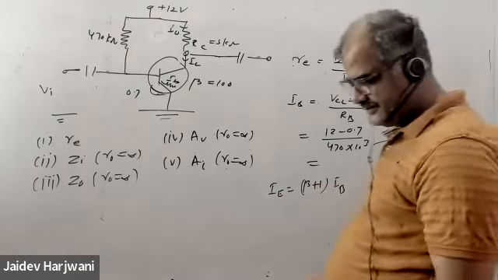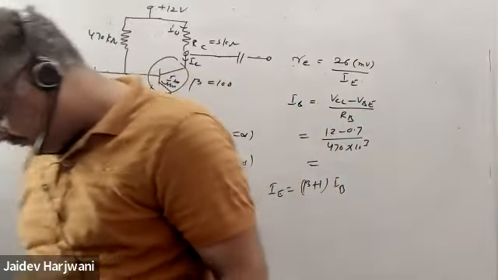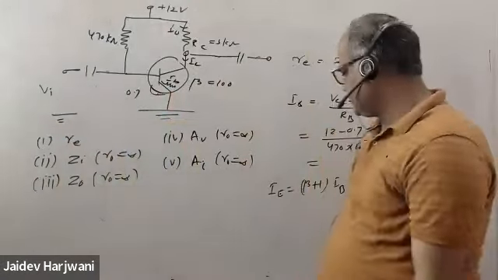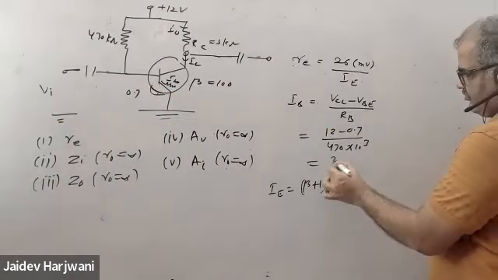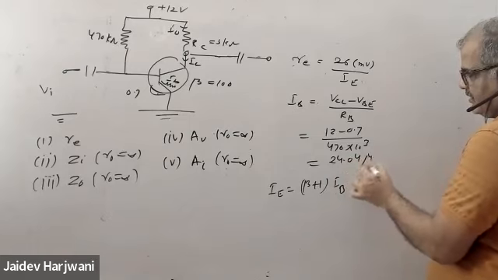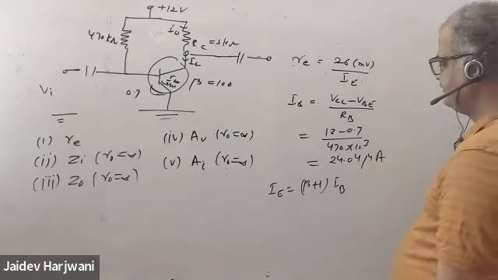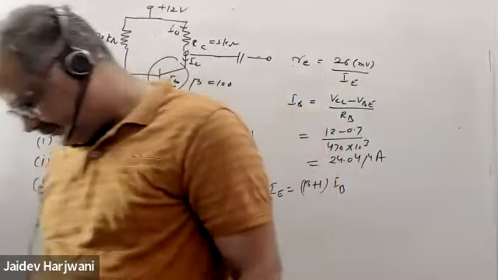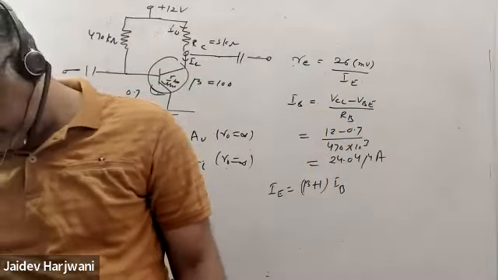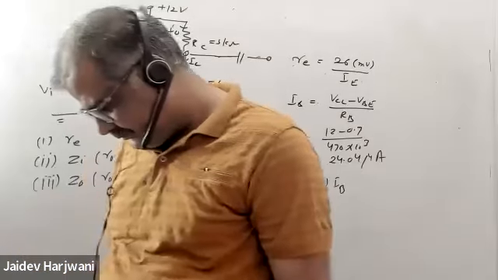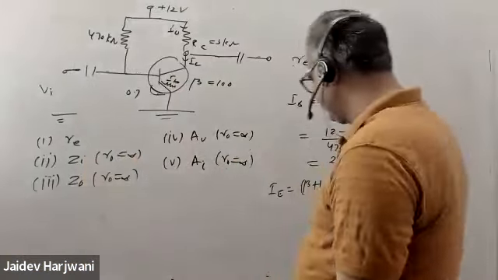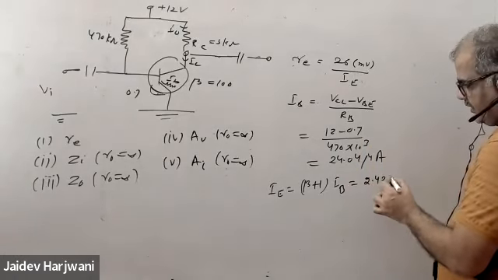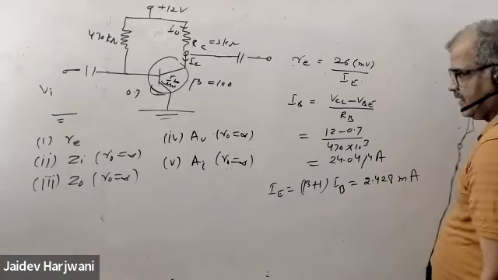How much is IB coming? IB should come 24.04 microampere. Check once. And IE will come 2.428 milliampere.